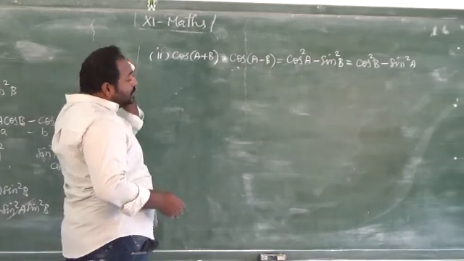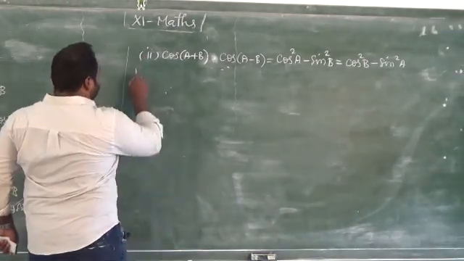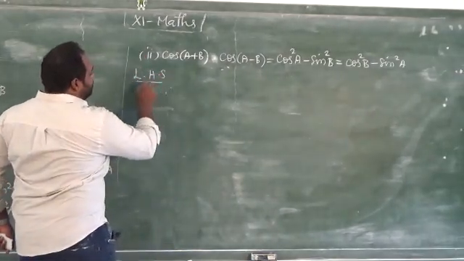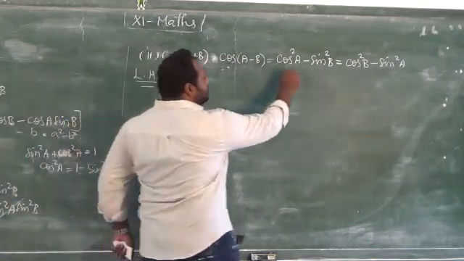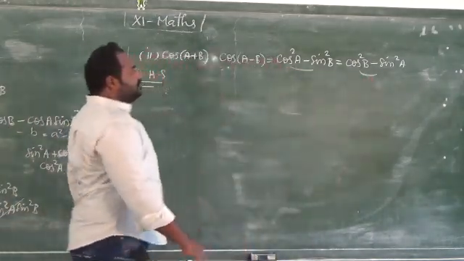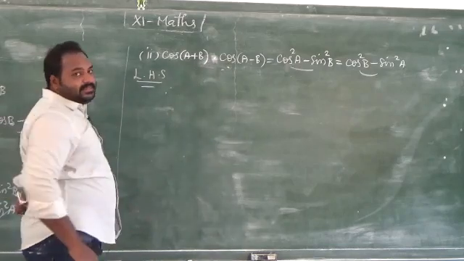So here first I am going to take the LHS side to prove. We have two parts to prove in the RHS side, this thing and this thing. Two things we are going to prove by using the left hand side.